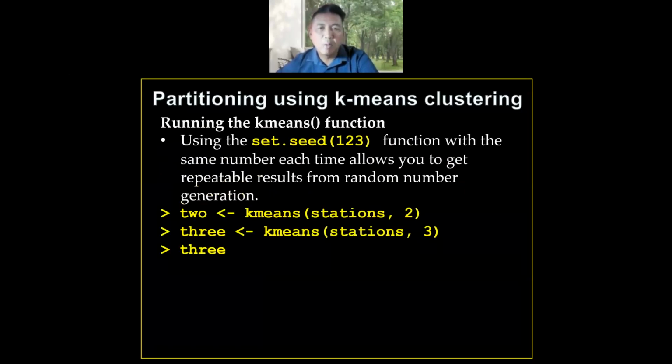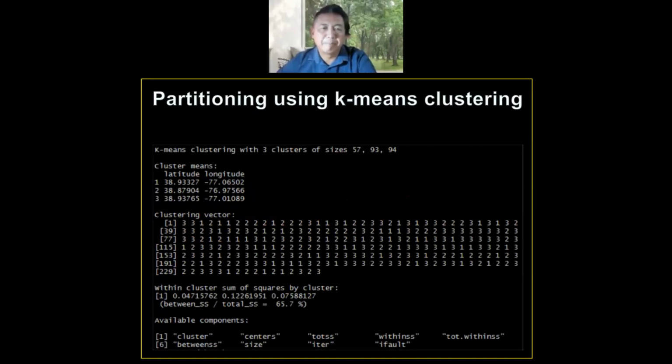Okay, now I want to form clusters. So I will use k-means, and I use the data that I have, and I just provide k. So k equal to 2 or k equal to 3. This one will keep the membership of 2 clusters. This one will be used to store the membership.